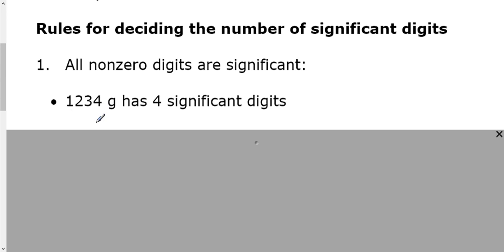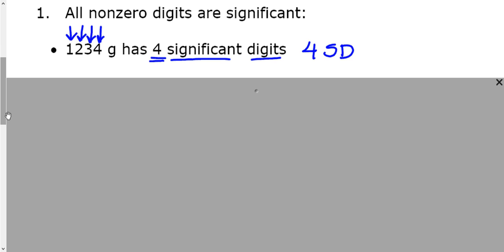So if we looked at this number, 1,234 grams, this number is significant, so is this one, so is this one, and so is this one. All of those numbers are significant. There are 4 of them, so we say this measurement has 4 significant digits, or we can just abbreviate this as 4 SDs. So any numbers that are not zeros count as being important or significant.